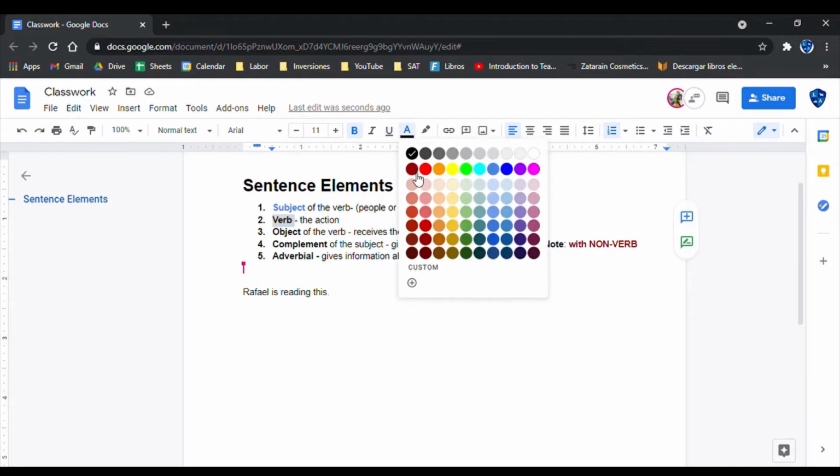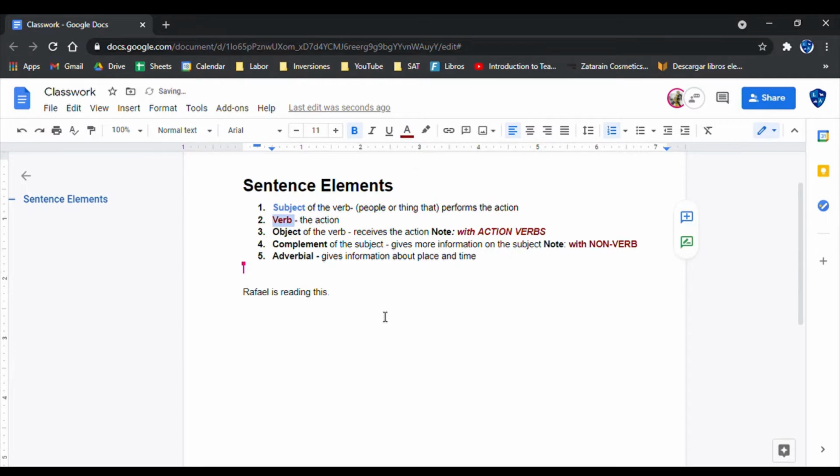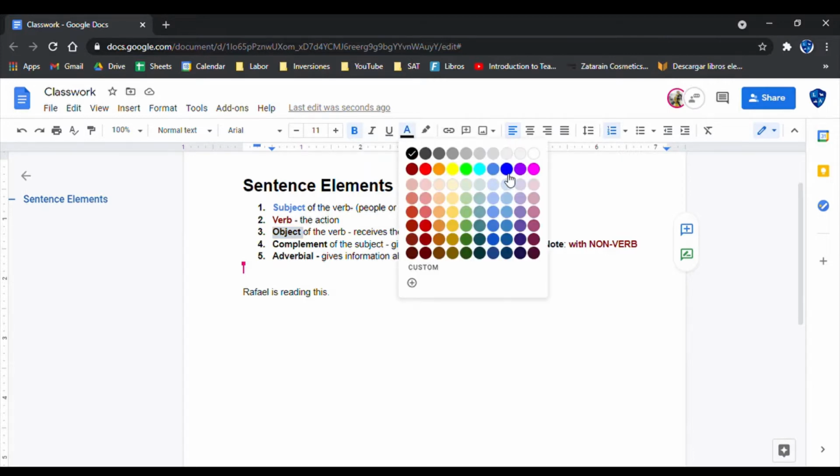The verb is going to be this first red here. Red berry. Objects are similar to subjects, but the object is after the verb. So they are similar. We're going to choose another blue, but we're going to choose this blue.